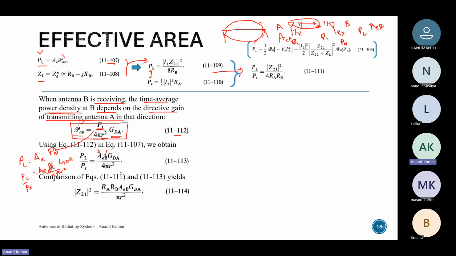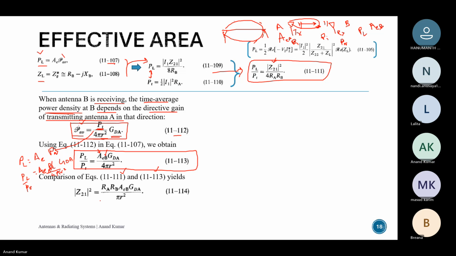Now comparing 11 and 13, we have this unknown Z21.